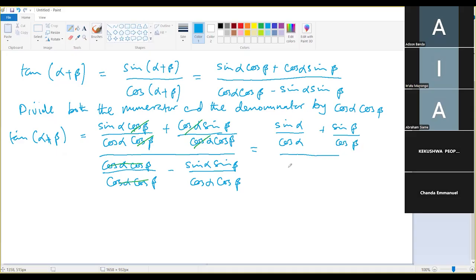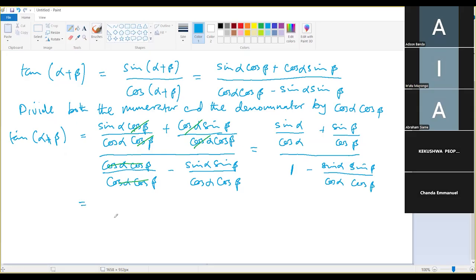Then in the denominator, we have a 1 there, and then minus sine alpha sine beta divided by cos alpha cos beta.